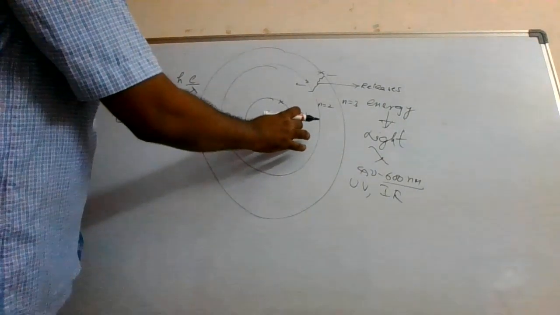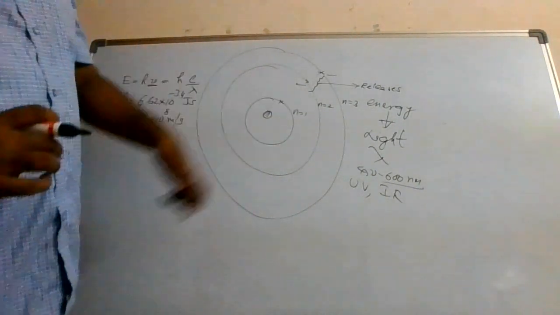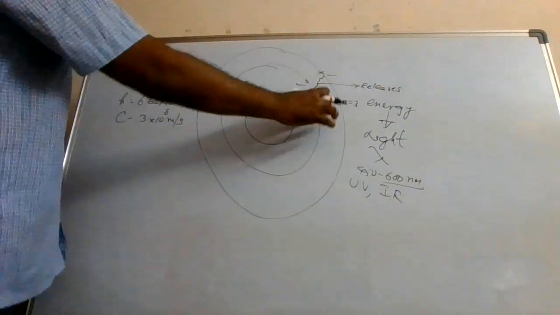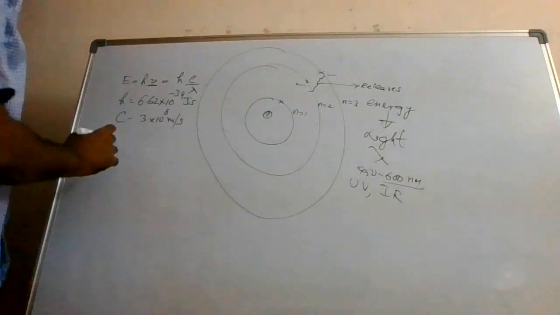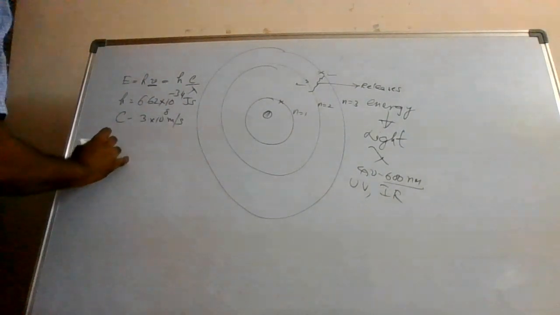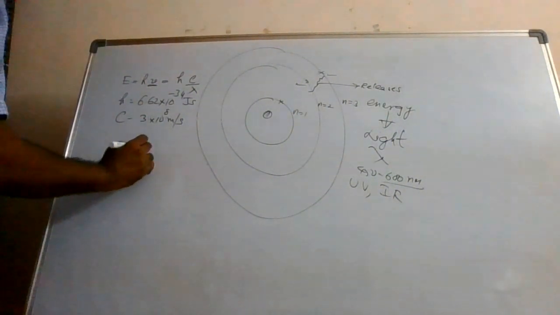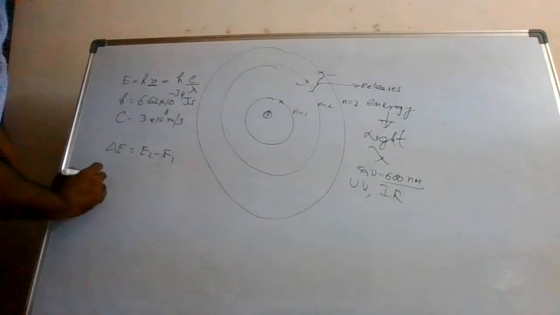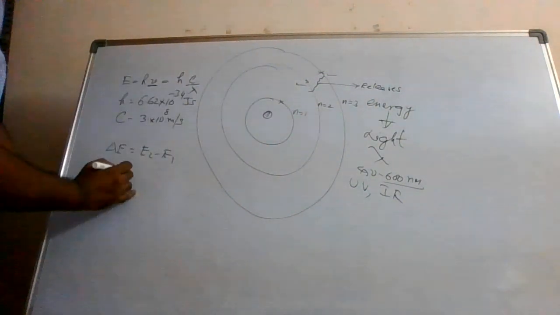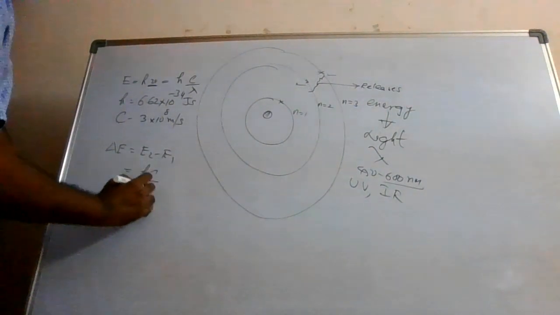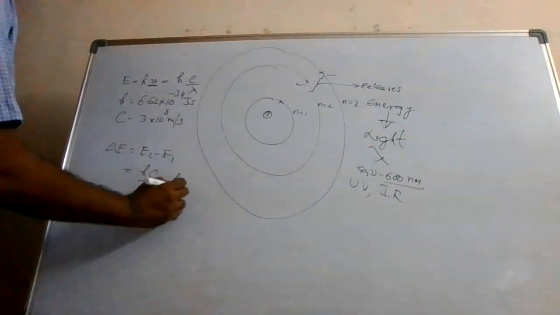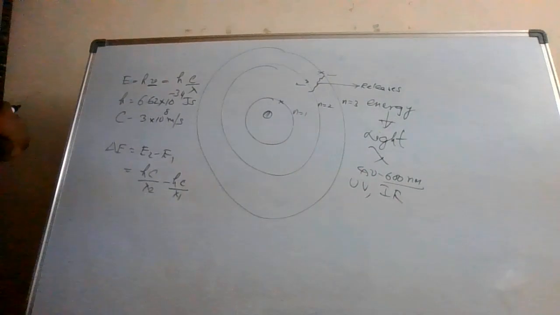When you put n is equal to 1, you get the energy of the electron in the first orbit. N is equal to 2, you get the energy of the electron in the second orbit. So we can find delta E is equal to, let us say, E2 minus E1, the difference of energy. This can be written as hc by lambda 2 minus hc by lambda 1, isn't it?